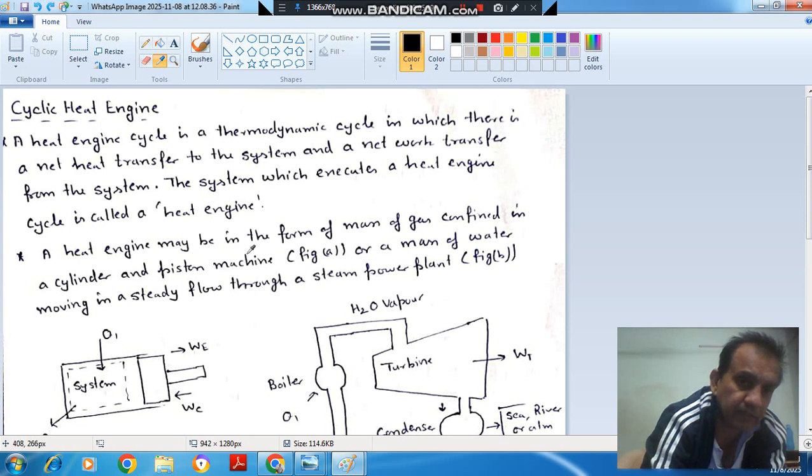A heat engine cycle may be in the form of a mass of gas confined in a cylinder and piston machine as shown in figure A, or a mass of water moving in a steady flow through a steam power plant as shown in figure B.